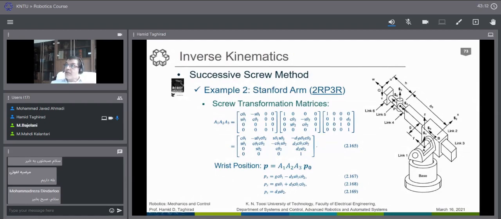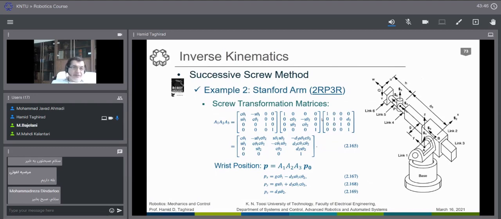At the wrist, we have 3 intersecting axes, S4, S5, and S6, as we have in the screw coordinates. So we have 3 intersecting wrist joints, plus 3 positioning joints and links, but one of the positioning joints is prismatic. It is not revolute. And it doesn't really make life much harder.